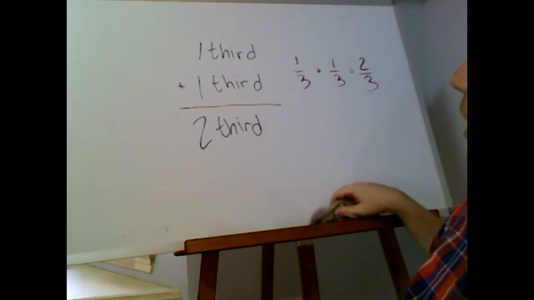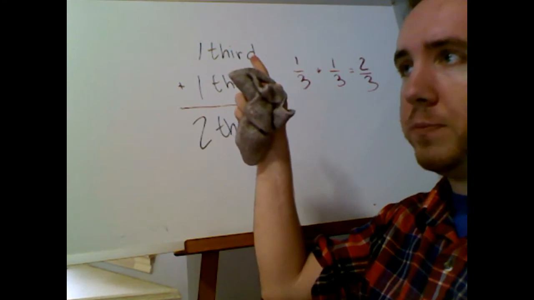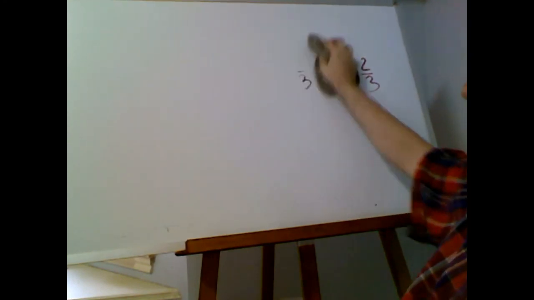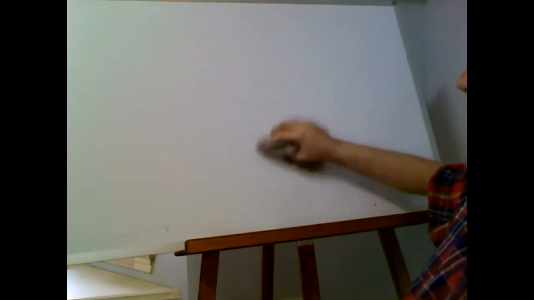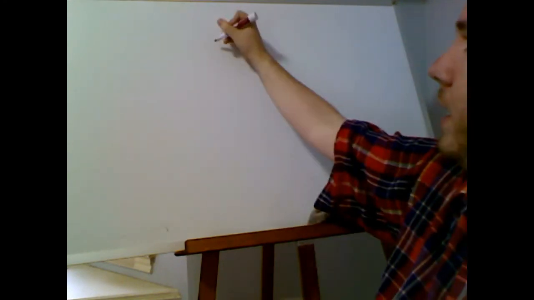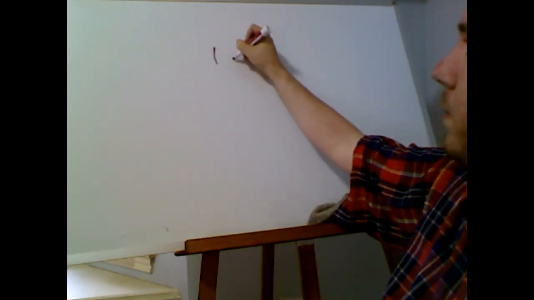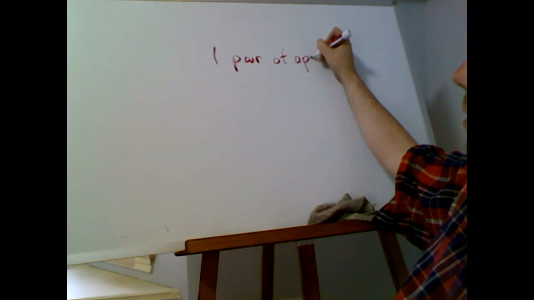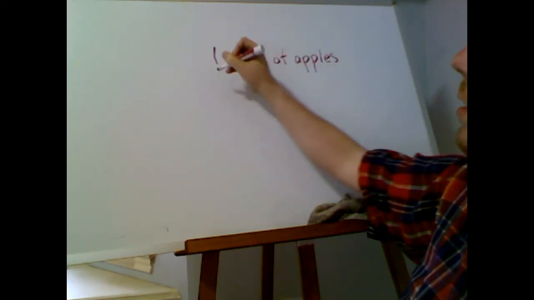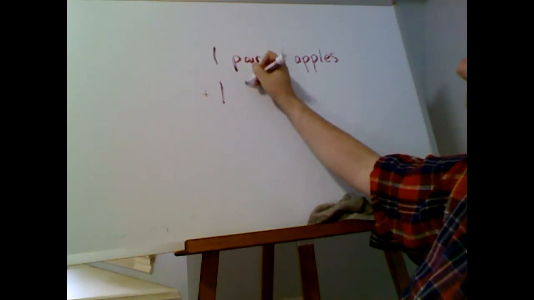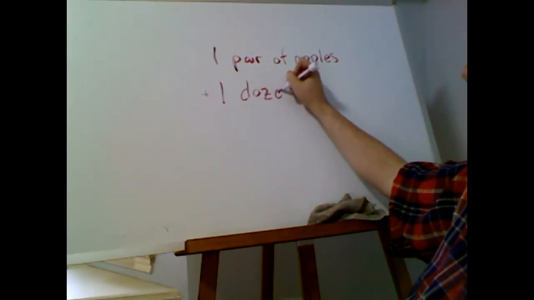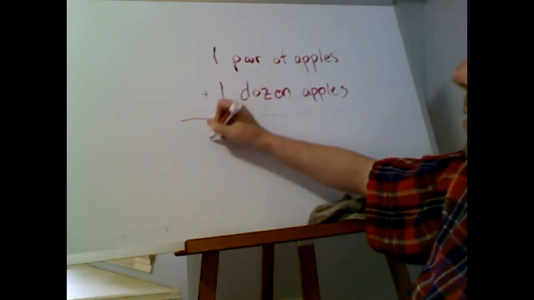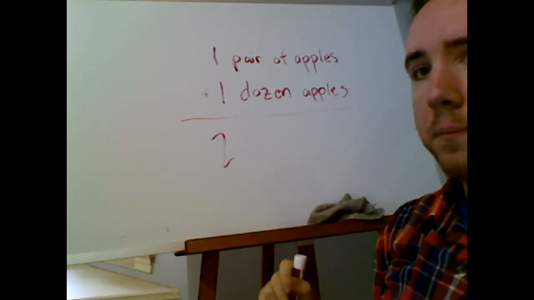So the convenient thing here is that my labels match. But our labels may not always match. We have to fix that. For example, if I wrote one pair of apples plus 1 dozen apples, I cannot say this equals 2 anything, right?